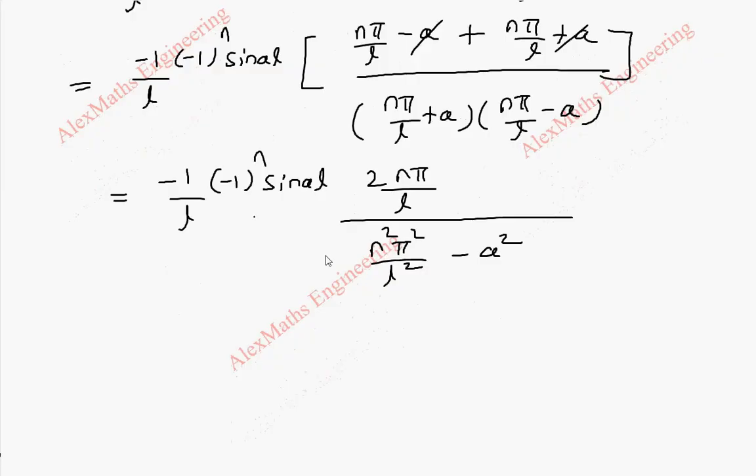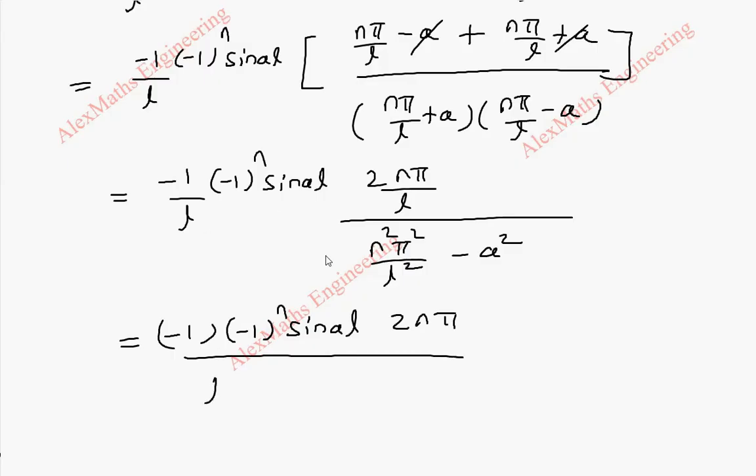So here we can further rearrange: minus 1 into minus 1 power n sin al, 2n pi whole divided by, this L and L will become L square, then the denominator L square times n square pi square by L square minus a square.